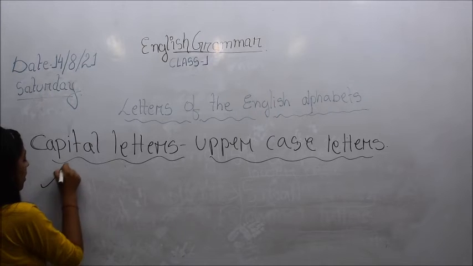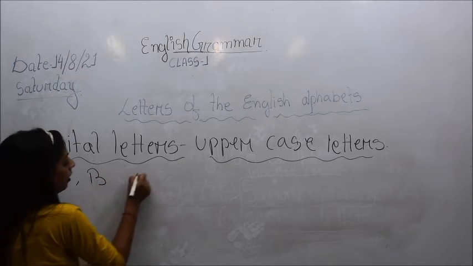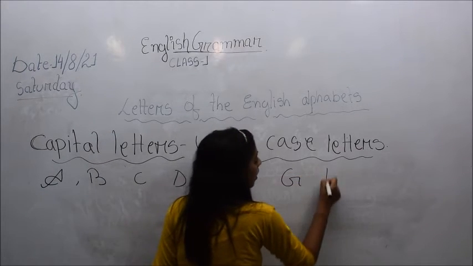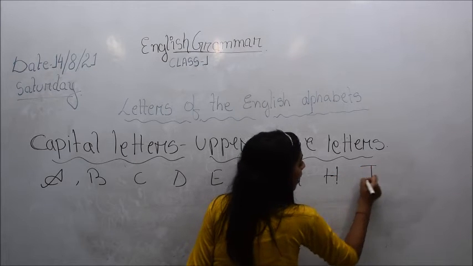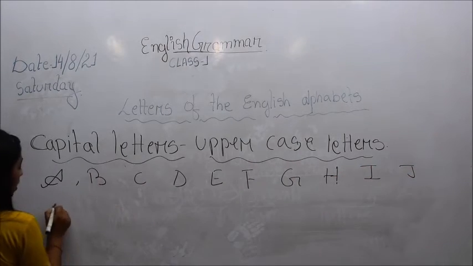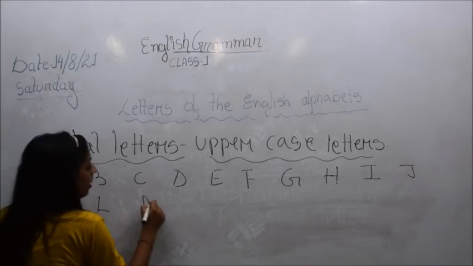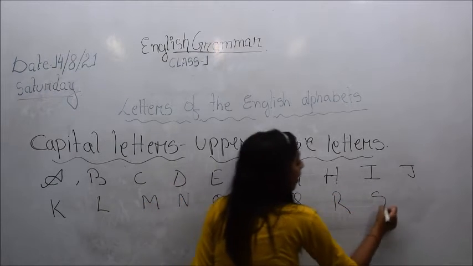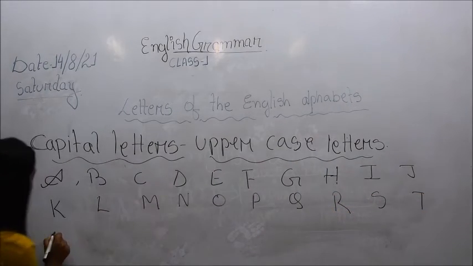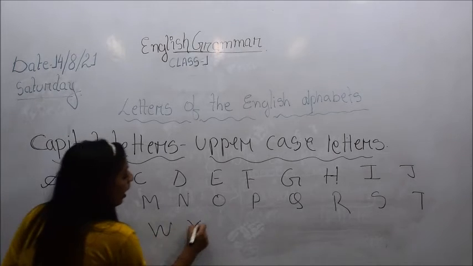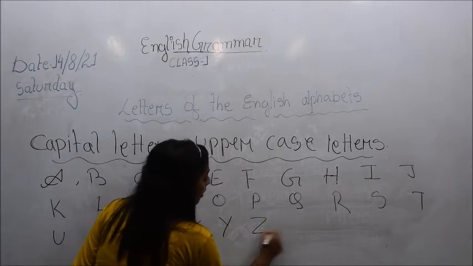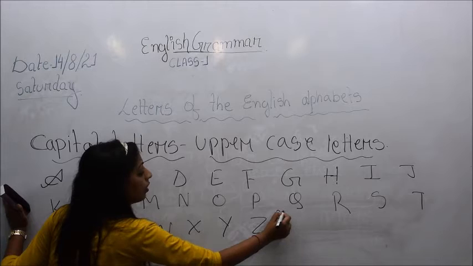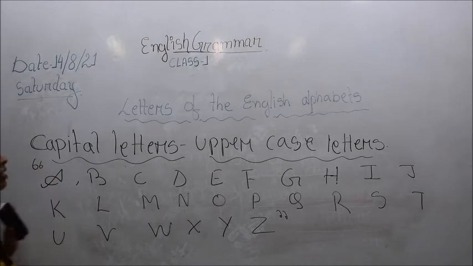Okay, so we will begin with A, B, C, D, E, F, G, H, I, J, K, L, M, N, O, P, Q, R, S, T, U, V, W, X, Y, and Z. Okay, so children, this is how the capital letters or the uppercase letters are written.